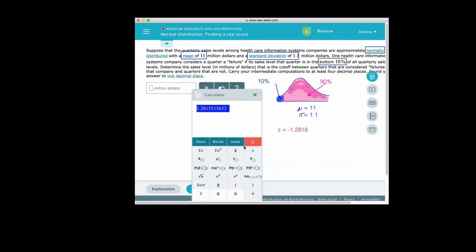All right, so now that we have our z-score, we can use our formula for finding the raw score. So our formula for finding the raw score is x equal to mu plus z times sigma. So this is mu, and this is sigma. All right, so let's go ahead and substitute those values in.